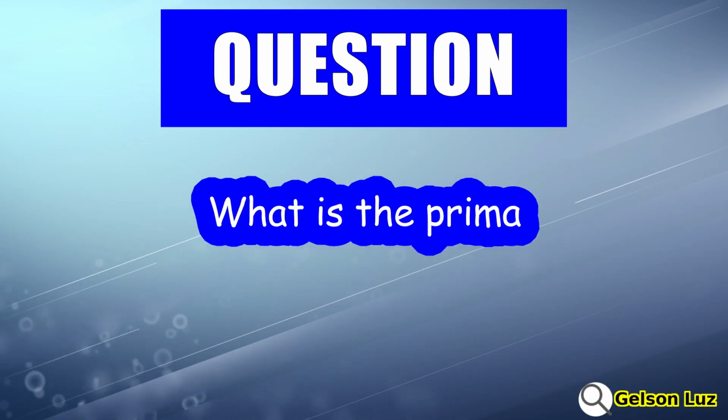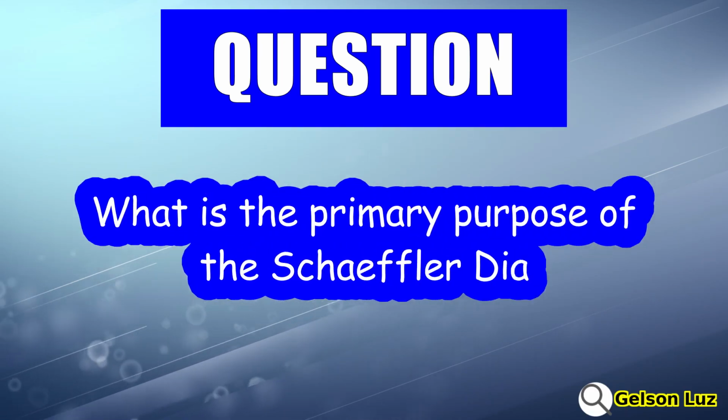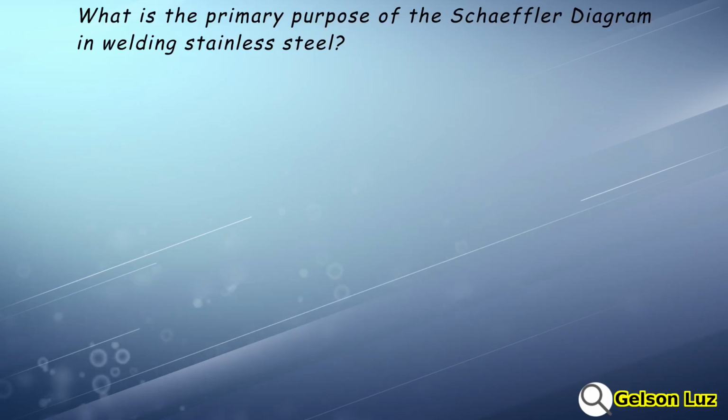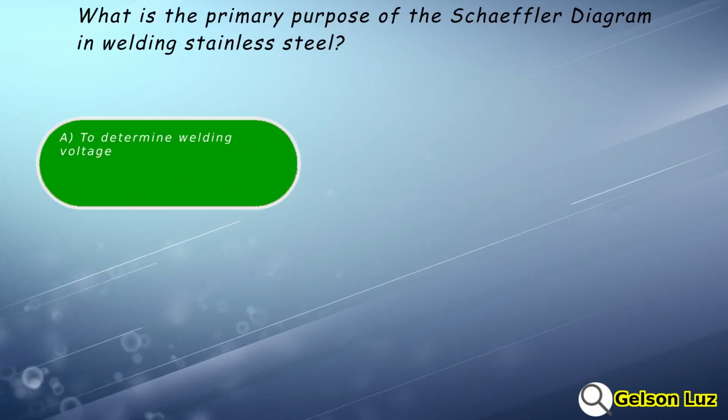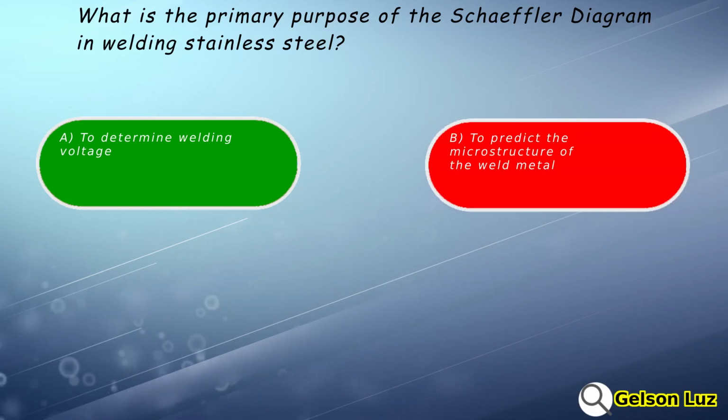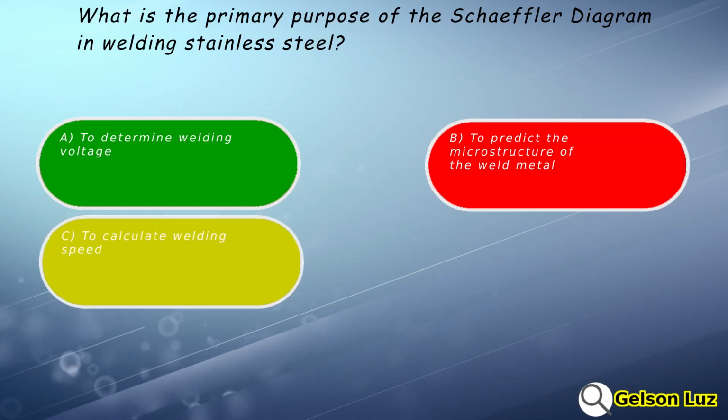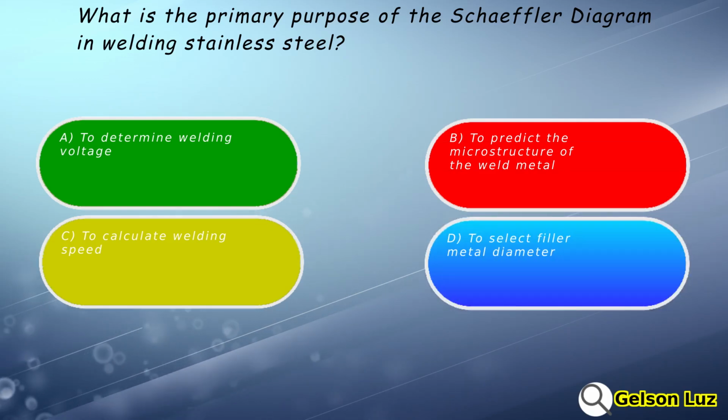What is the primary purpose of the Schaeffler diagram in welding stainless steel? A. To determine welding voltage. B. To predict the microstructure of the weld metal. C. To calculate welding speed. D. To select filler metal diameter.